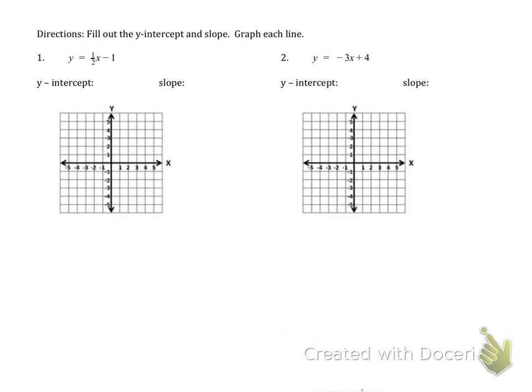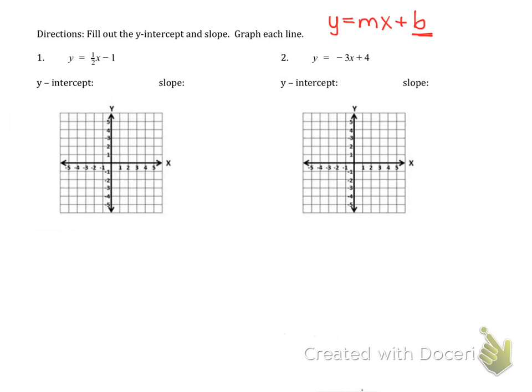Let's try some example problems now. The directions state, fill out the y-intercept and slope, and then graph each line. So the equation of a line in slope-intercept form looks like this, y equals mx plus b. So our y-intercept is our b value.